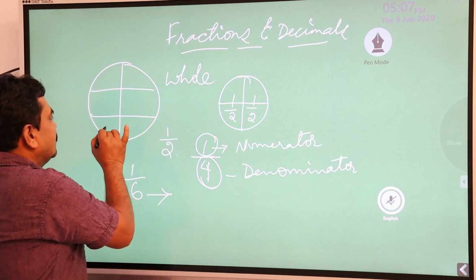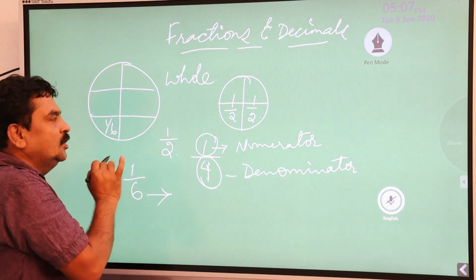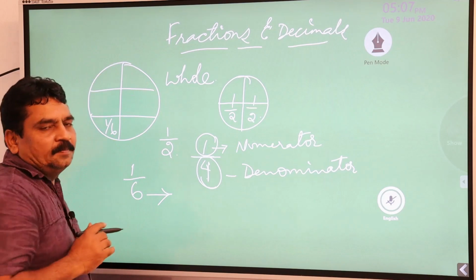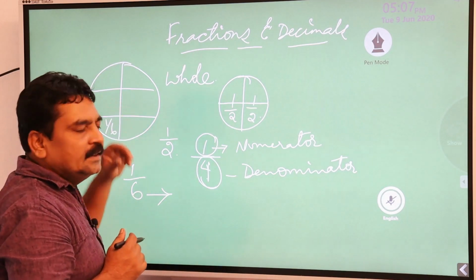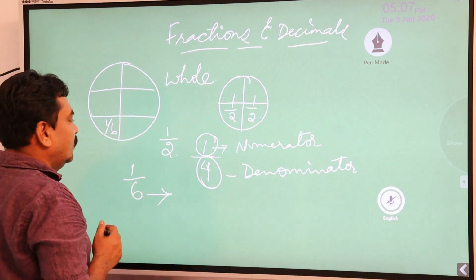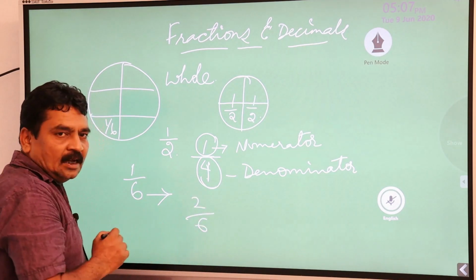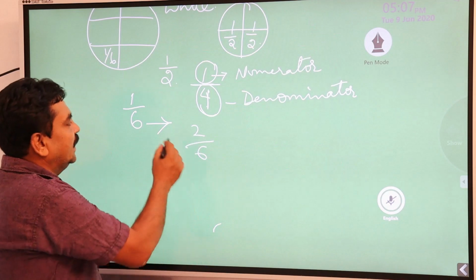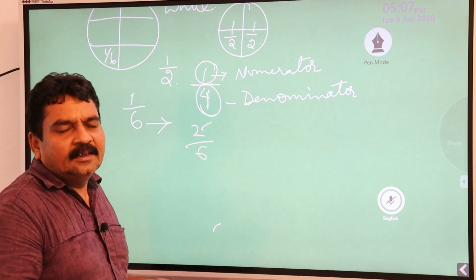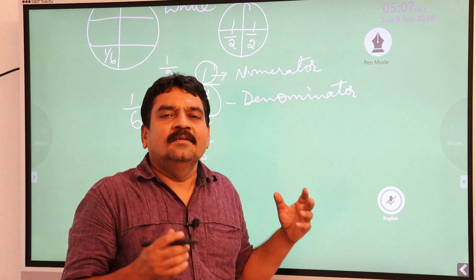Say this is your 1/6 part. Suppose you made 6 pieces first. Out of 6 pieces you ate 2 pieces. Then what is the part you ate? That is 2 by 6. Out of 6 parts you ate 2 parts. That is represented by a fraction.